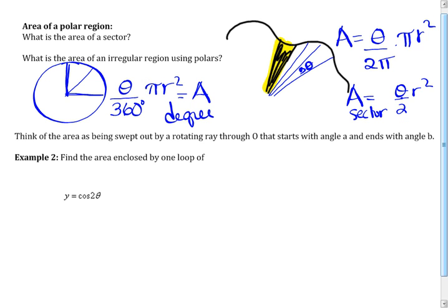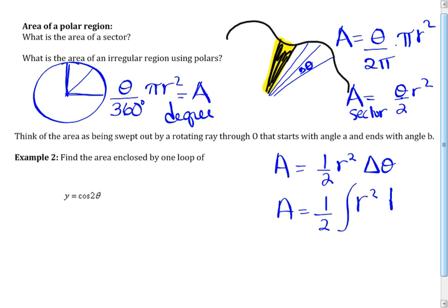If we make it small enough, the area is equal to 1/2 r squared delta theta. Does that make sense? Because we're making this angle small, not the radius. And so what are we going to do to find the total area? We are going to integrate it: 1/2 r squared d theta from theta 1 to theta 2.